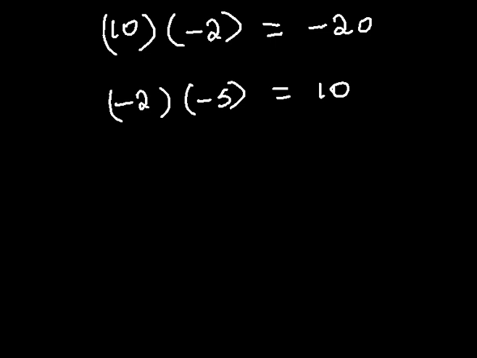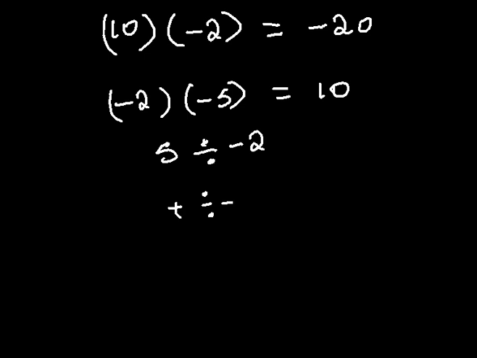And how about if we have 5 divided by negative 2? Now how should you handle this? 5 is a positive number, so we have a positive divided by a negative. What is the overall result?